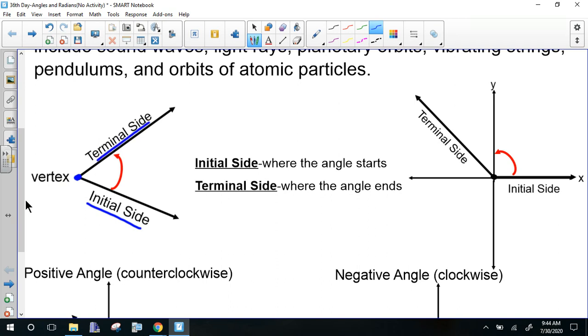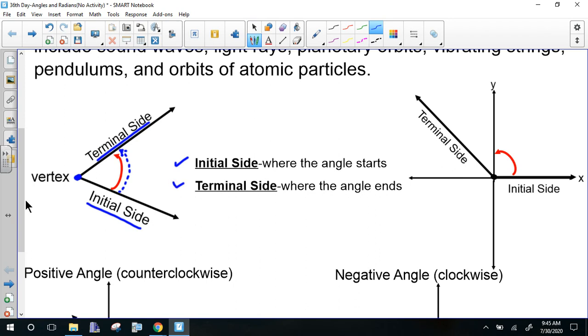The initial side is where the angle starts, and the terminal side is the end, or after the angle has swung open, so to speak. You always need an arrow pointing that represents which way the angle is opening. So the initial side is where the angle starts, and the terminal side is where the angle ends.